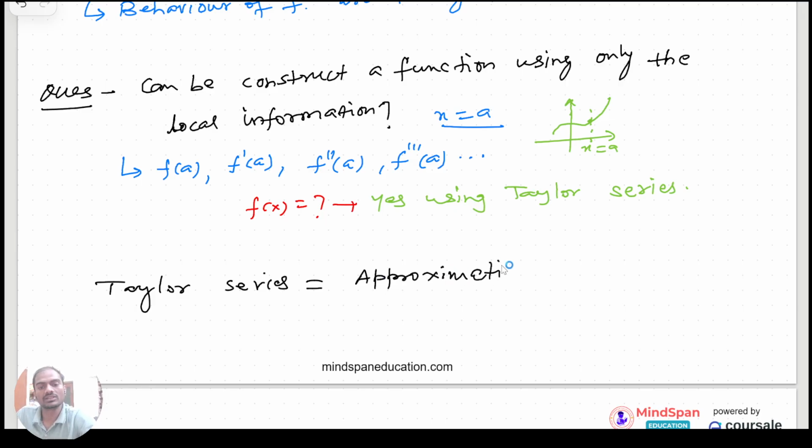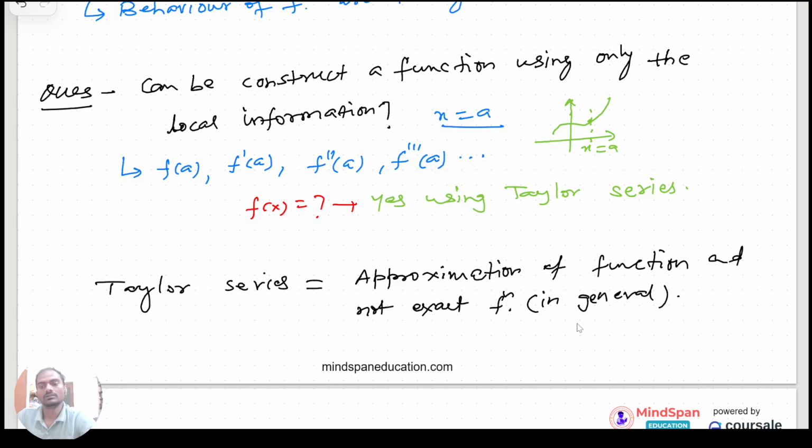It's not the exact answer, and not the exact function in general. Sometimes we get the exact function also. I will tell you, sometimes the error term goes to zero.